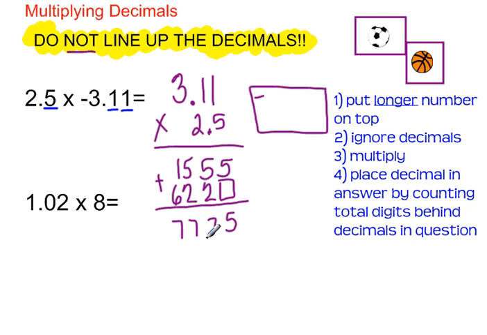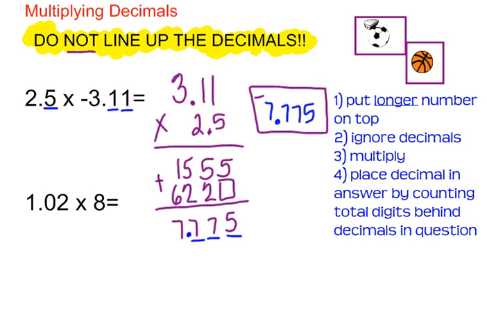That means when I put the decimal into my answer, there need to be 3 digits behind it. 1, 2, 3. The decimal has to go here. So my final answer will be negative 7.775.